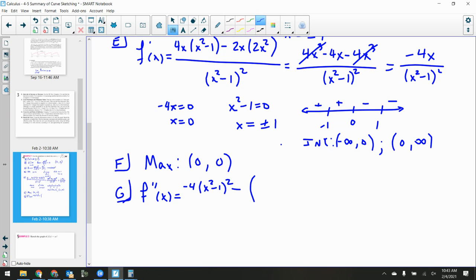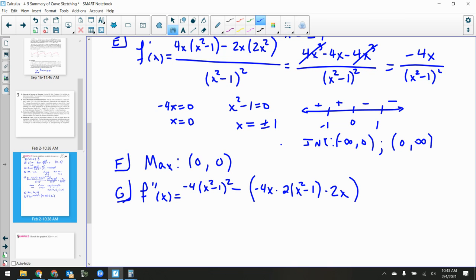Let's start off by writing f, negative 4x, because that's an easy part. Now, I've got to take g prime, the derivative of the bottom. This is a chain rule, because it's x squared minus 1 squared. So I apply the outer. It goes 2 times x squared minus 1 times 2x. That's the chain rule, right?